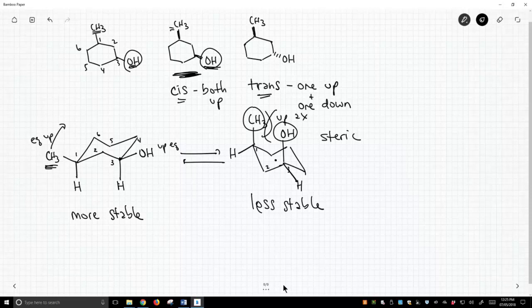Note that when you draw these chairs, you have to be very careful of whether things are equatorial or axial, whether they're going to be cis or trans. Note that this is still cis. This doesn't look very cis, but the fact is this methyl group is up and this OH is up. They have the same orientation on the ring. We are still drawing the cis compound. I think it's a little easier when you look at this conformation to say, oh yeah, that methyl group is up, that OH is up.